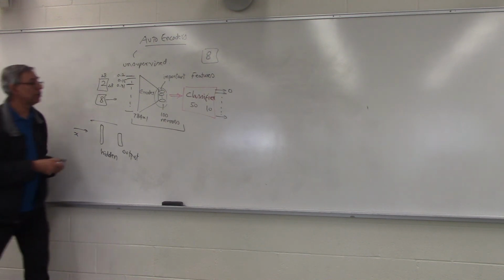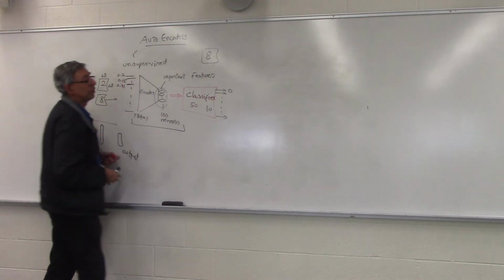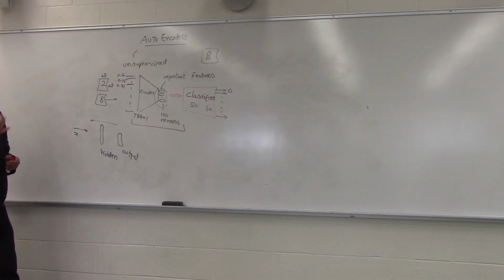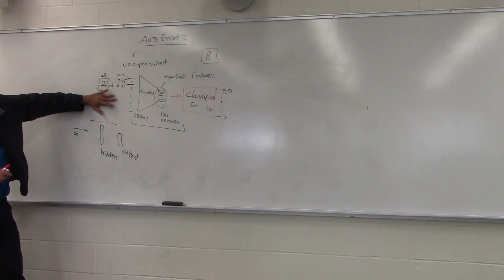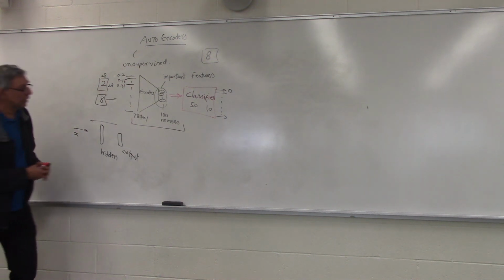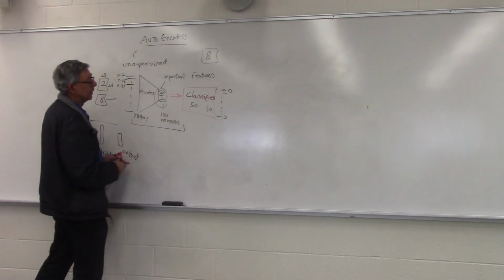The rest of it tells us whether it's digit 0 or digit 1 or digit 2. So now there's no Siamese, it's just a regular classifier.